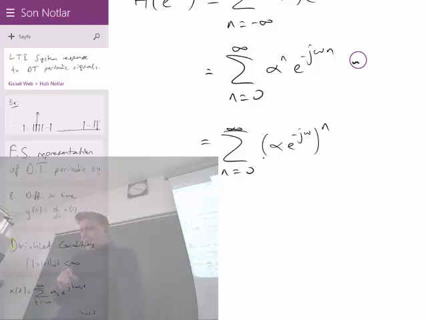And that alpha times e to the minus j omega is this famous x. What was the summation from 0 to infinity x to the n? I just told you the answer. It is 1 over 1 minus x. So this one is 1 over 1 minus x.